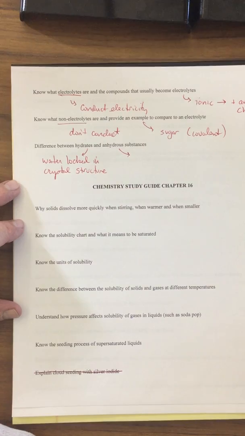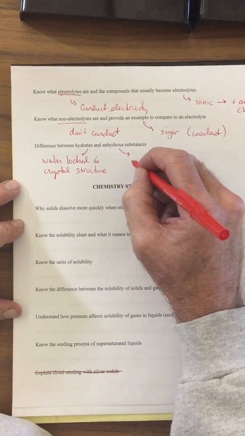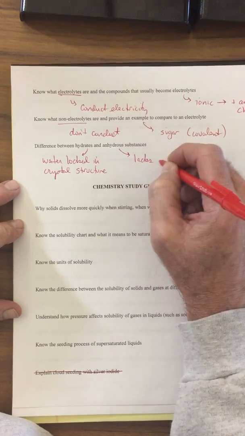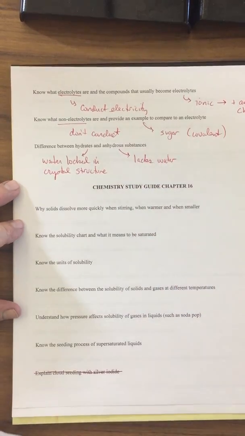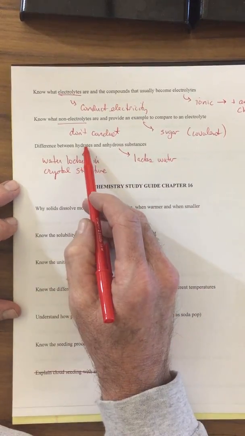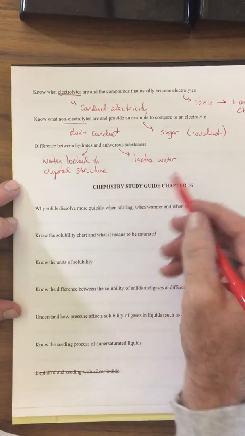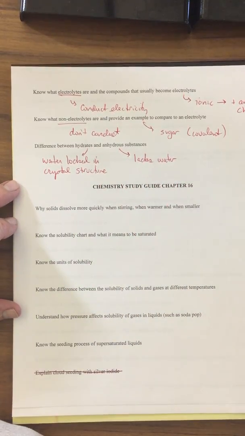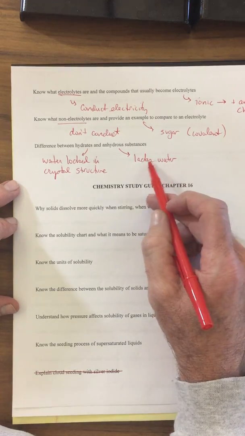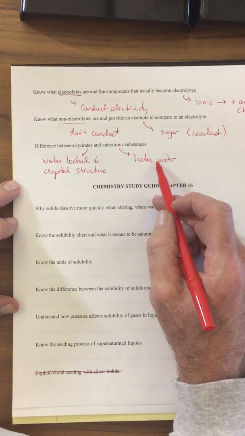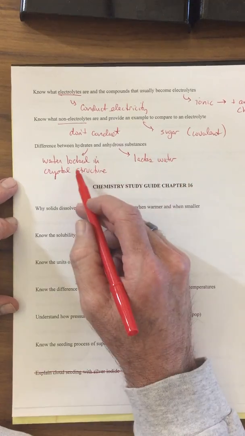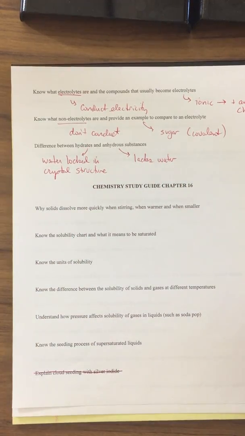That was the anhydrous. The anhydrous lacks the water. So you have the copper sulfate pentahydrate, which has the water, then we just have the normal copper sulfate, which lacks the water. And if you remember, we rehydrated it by putting water back in, and we produced the hydrate.